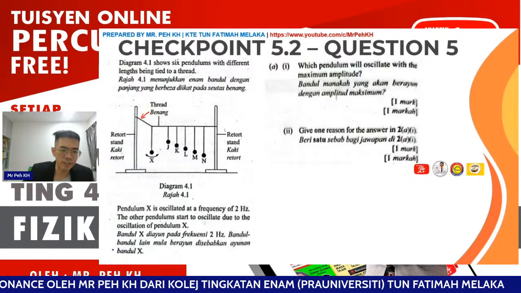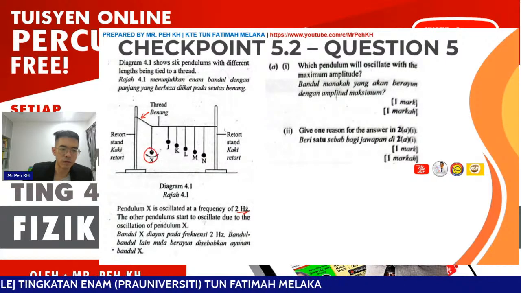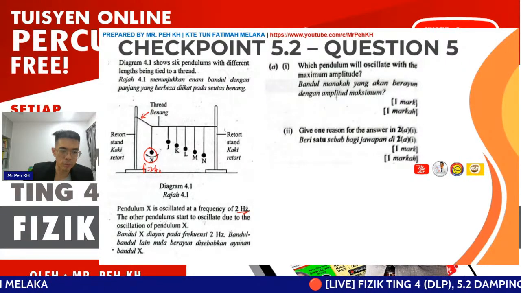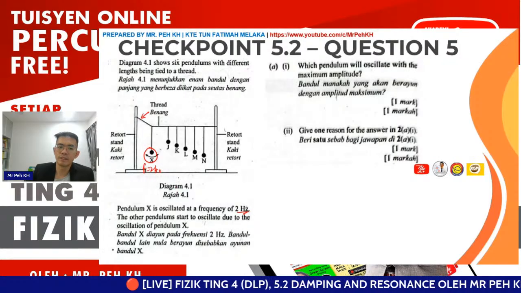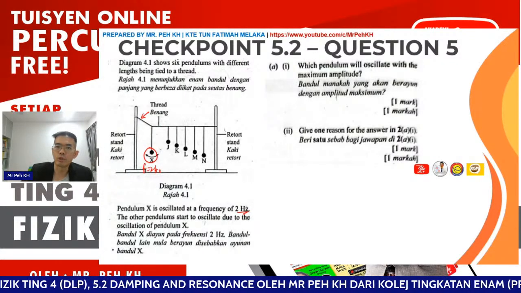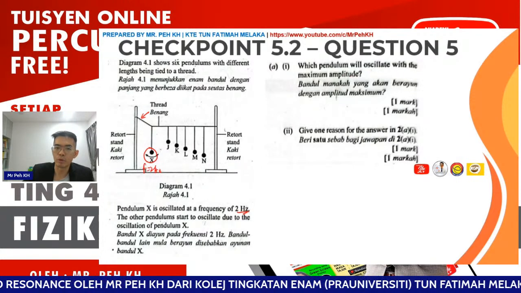Pendulum X oscillates at 2 hertz. So this is the driver, and the frequency is 2 hertz. The other pendulums start to oscillate due to the oscillation of pendulum X. So the X transfers the energy to the other pendulums here. Which pendulum will oscillate with the maximum amplitude?